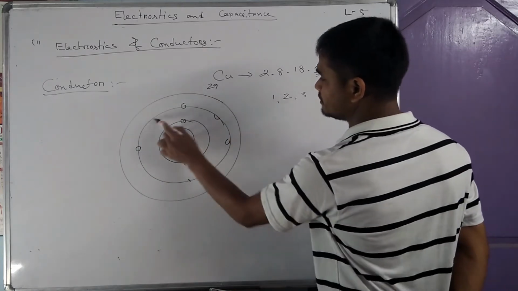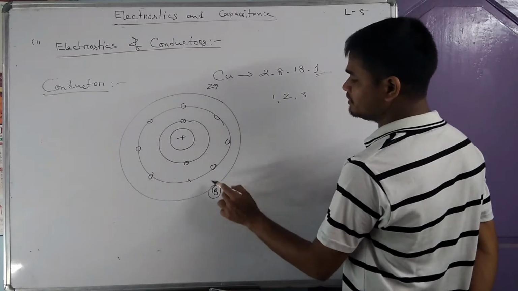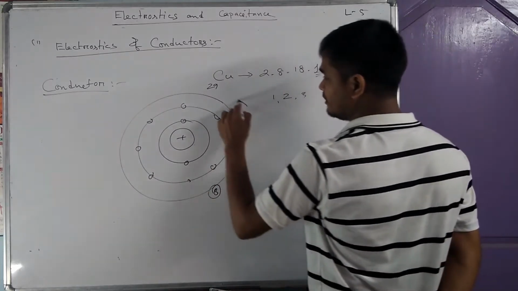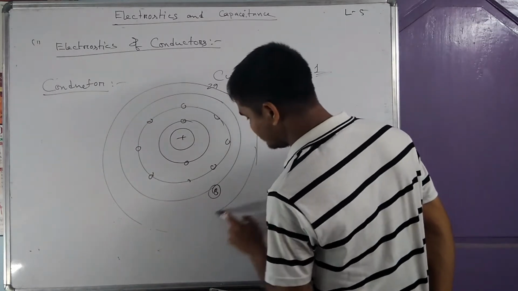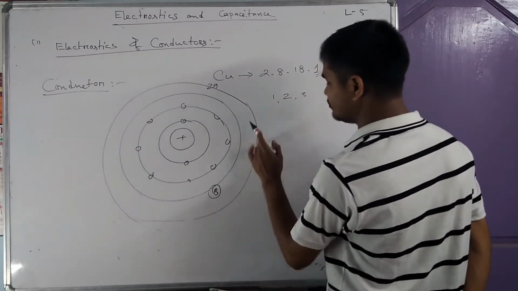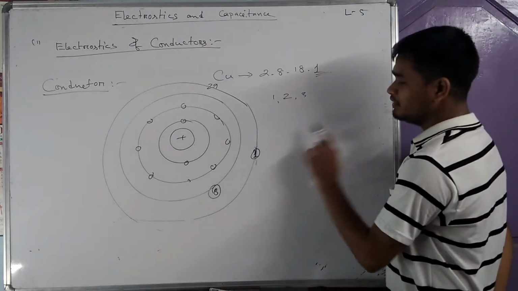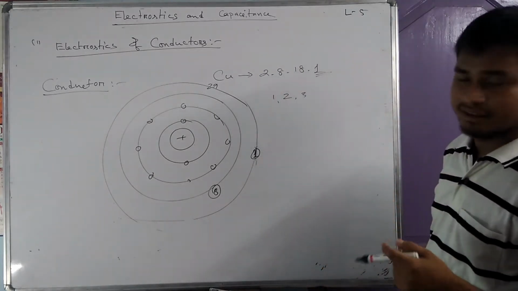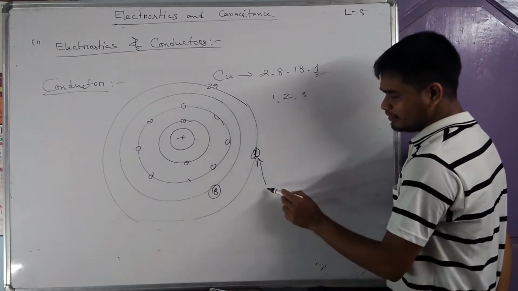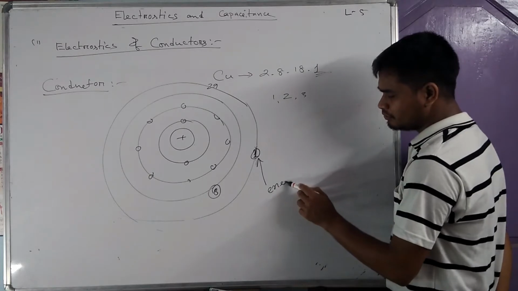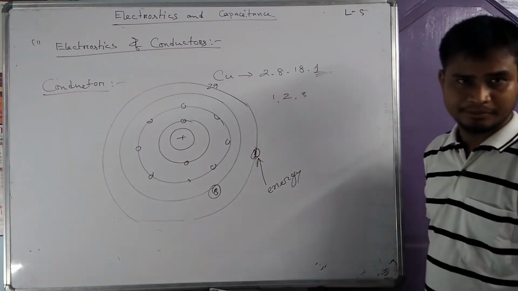Okay, there are 18 electrons, and in the last shell the number of electrons is how much? 1. Okay, only 1 electron in the outermost shell. Now if we apply energy to this electron, then it will be removed easily.